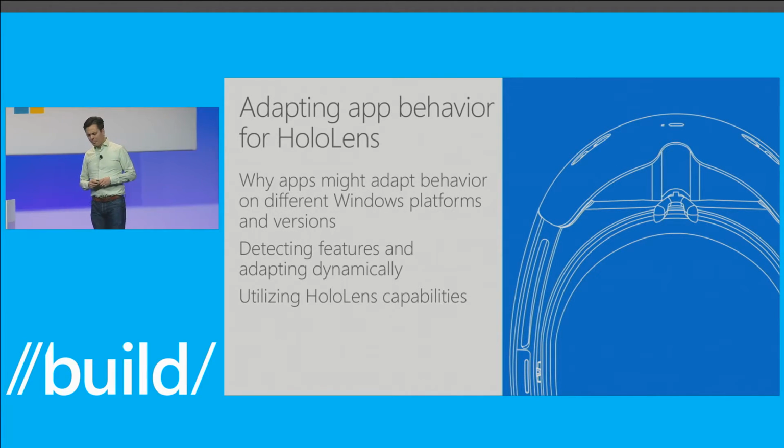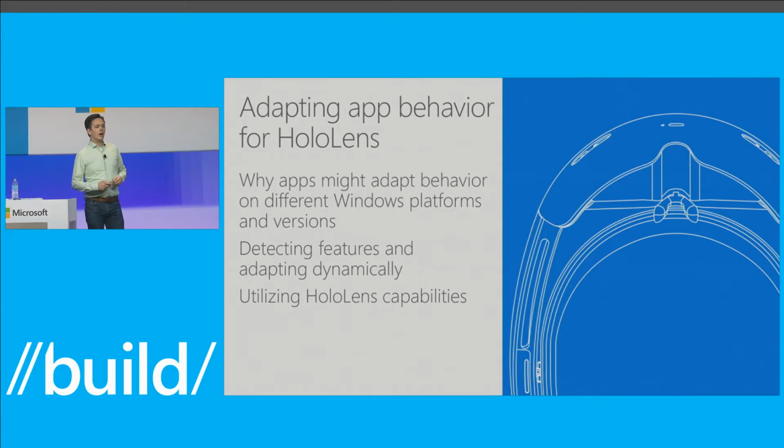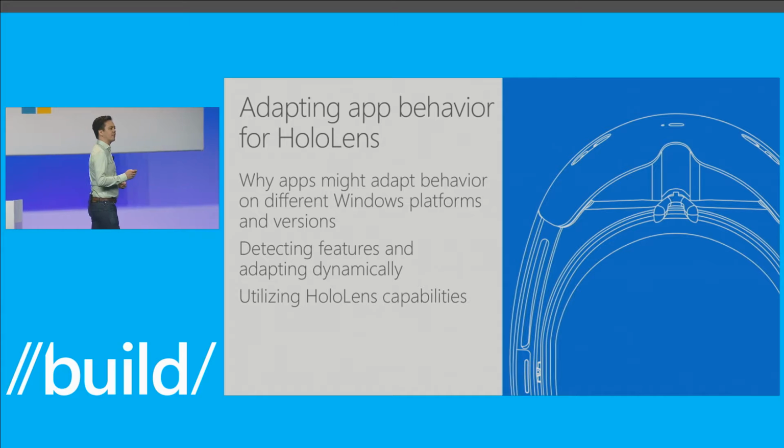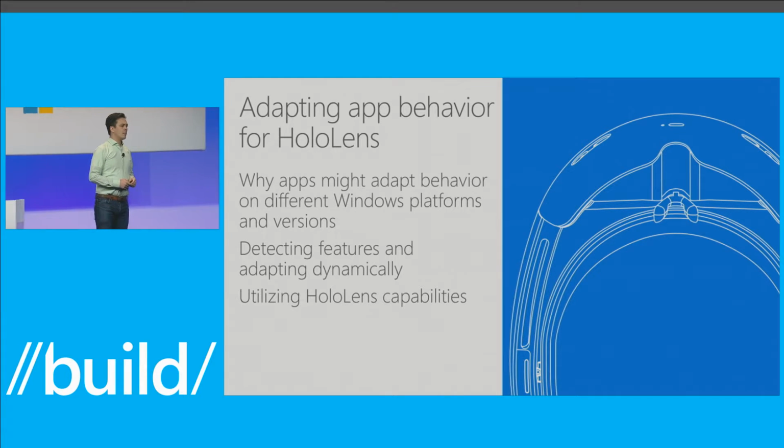So next, adapting app behavior for HoloLens. One of the great benefits of the universal Windows platform is that you can write an app once and ship it to tons of different devices. That family of devices is growing. But what if you need the app to behave a little bit differently on one device versus another? Maybe because the capabilities of one platform are different, or maybe because the way the user interacts with it is a little bit different.